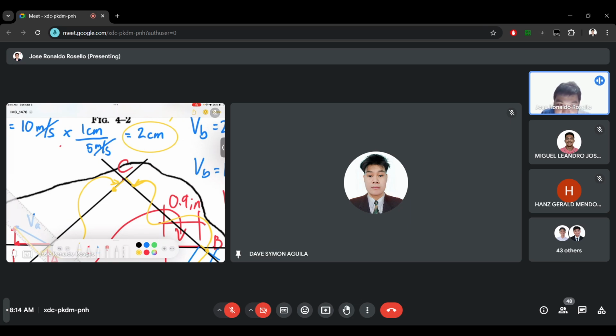So we can assume that the velocity C is also going down. So meaning, when we make the perpendicular line here, it must be going down. Then if we have the component from the other component, it must be also going down.